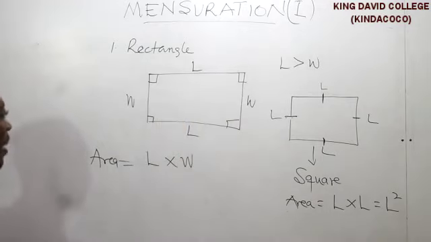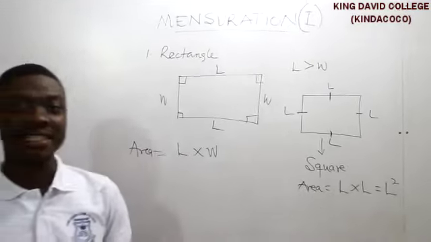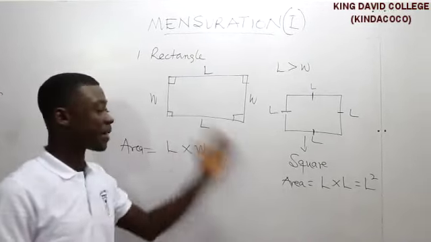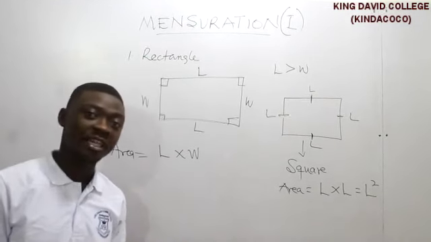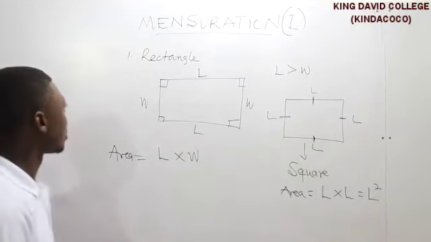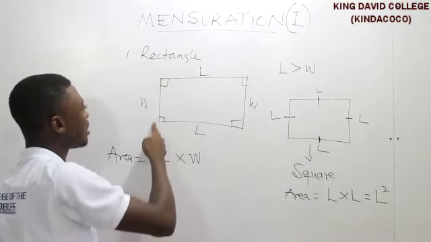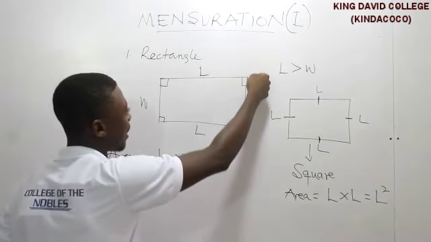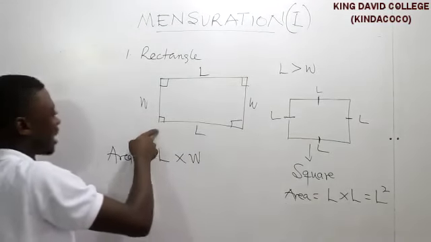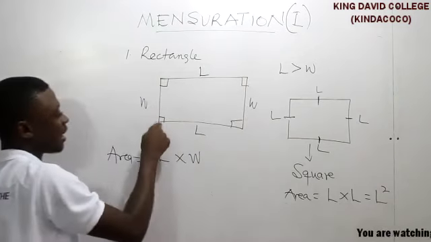Now when we come to the perimeter, perimeter is simply what? The sum of the total distance around a particular figure. So for this, the distance around it is going to be width plus length plus another width plus another length. So we are starting from here, we will go around this figure and end here.